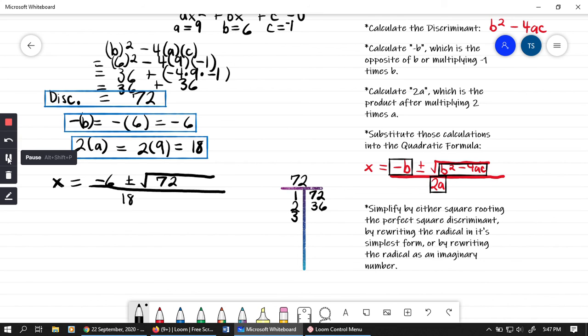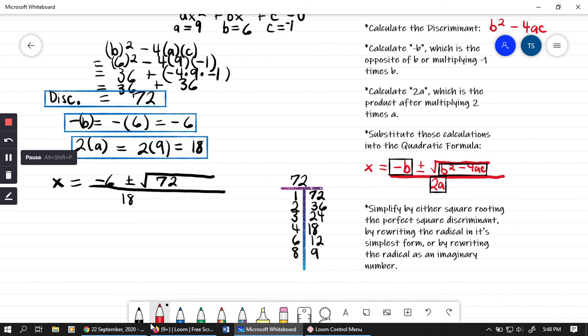But I'm going to keep writing, even though I don't think we're going to see any perfect square factors bigger than 36. We've got 3 times 24, we've got 4 times 18, we've got 6 times 12, we've got 8 times 9, and those are all of the factors. So the only perfect squares I see are 36, 4, and 9.